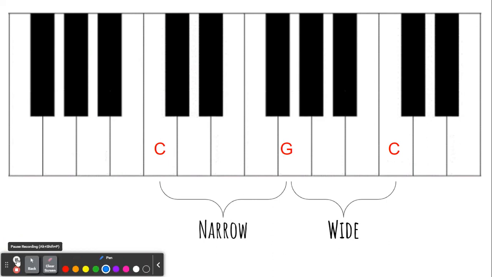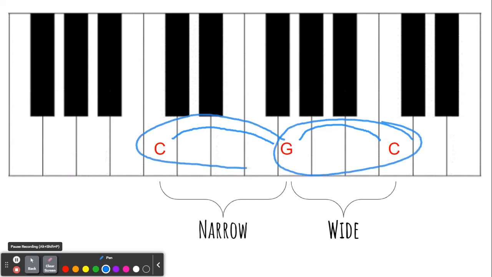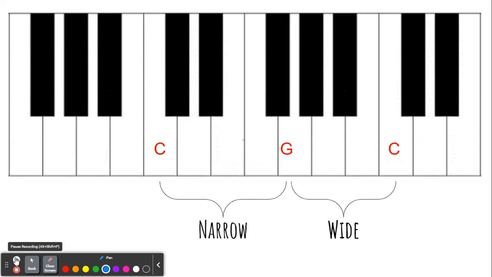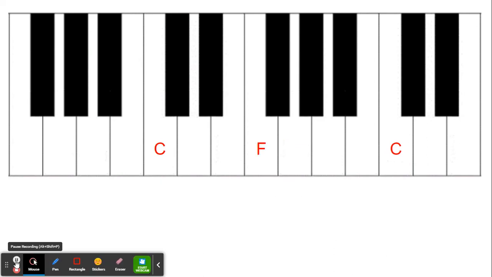Now remember, I'm not talking about the difference in size between here and here. A fourth is more narrow than a fifth. That's not what I'm talking about. I'm talking about these intervals being wide or narrow of pure of themselves. I mentioned that in a previous video, and I'll be talking about it again. Let's flip this and put our fourth on the bottom and our fifth on the top.